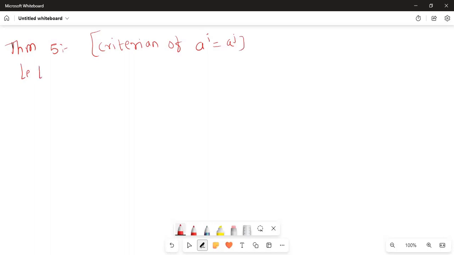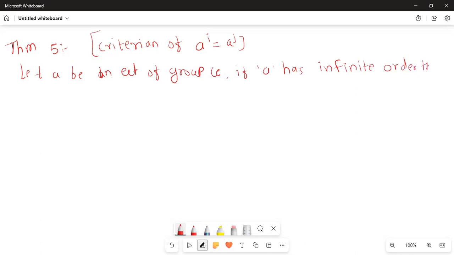Let a be an element of group G. If a has infinite order then all distinct powers of a are distinct elements of G.